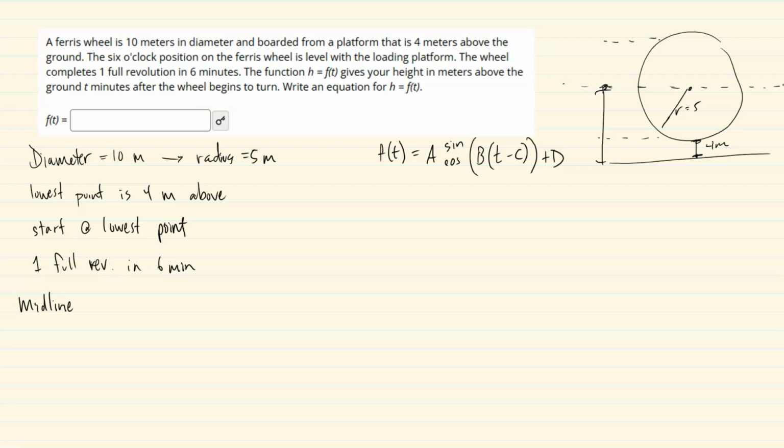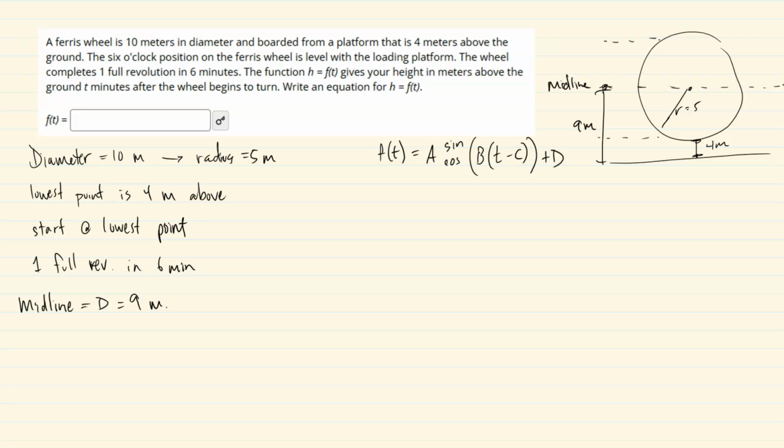So the midline, that's the d value. The midline is d, which equals the radius plus the 4 meters. So the midline is actually 9 meters above the ground. 5 plus 4, so that's 9 meters.